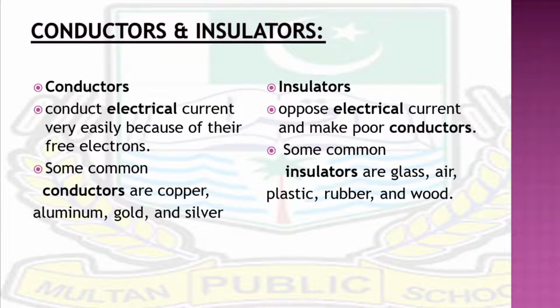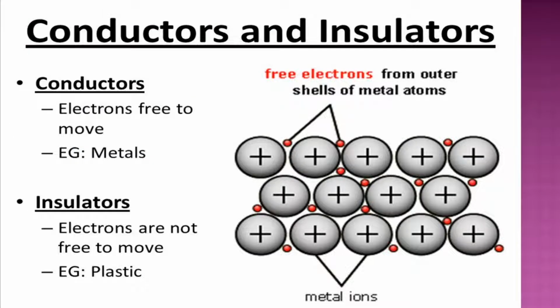Some common insulators are glass, air, plastic, rubber, and wood. You can see here that conductors have electrons that are free to move, for example in metals, while in insulators, the electrons are not free to move, for example in plastics.